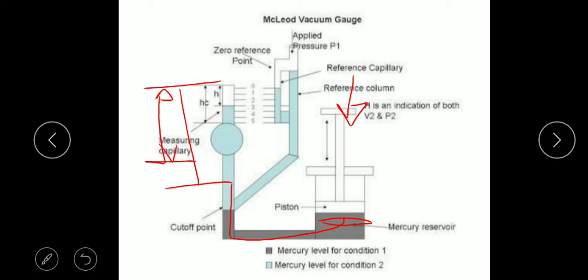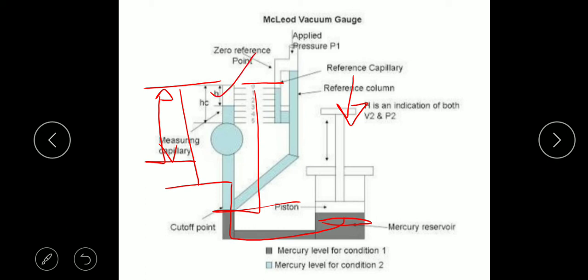But one thing you remember, you know the volume of this gas before compression, because we can calculate the volume by applying the formula to the diameter of the tube.